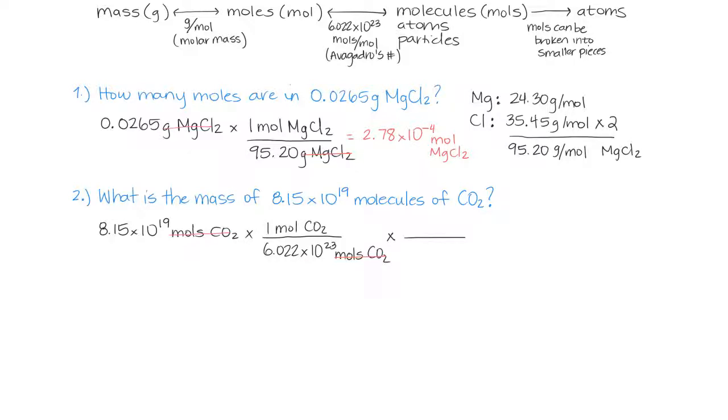We want to continue because we're looking for the mass of CO2. So to get the grams of CO2, we will need to know what the mass of 1 mole of CO2 is, which we can get from the periodic table. So we know that carbon has a mass of 12 grams per mole, and oxygen has a mass of 16 grams per mole, which we have 2 of.